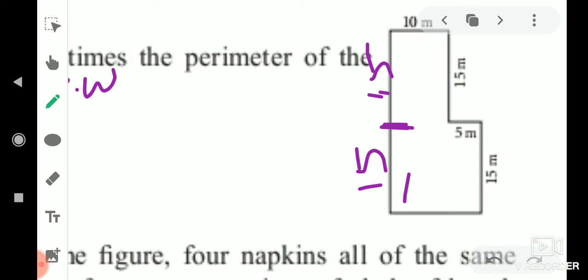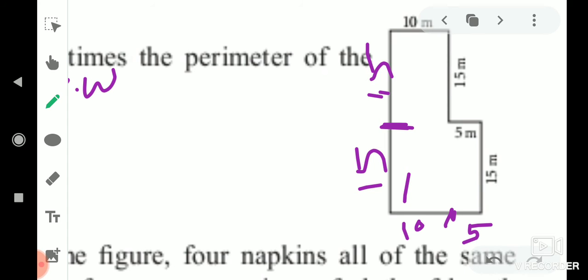Again this much side is 10 meter, so automatically this side is 10 meter. This side is 5 meter, so automatically this is 5 meter.